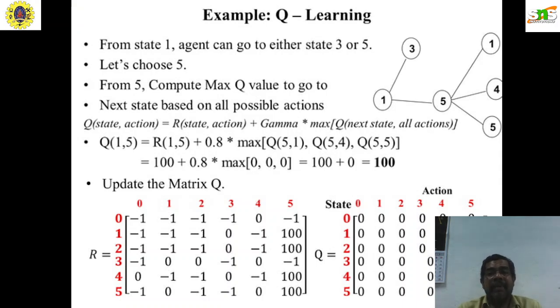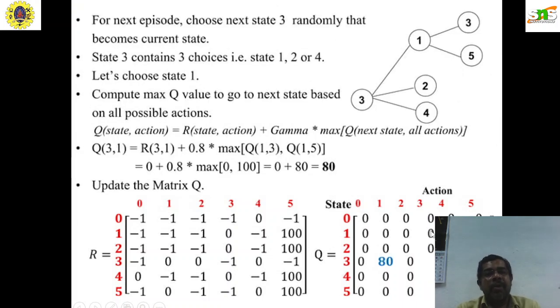So now the matrix has been updated this way for the next action. This episode continues with the next steps, the rewards, and the possibilities given in the graph. For the next iteration, the value for 3 comma 1 is updated with the value of 80.